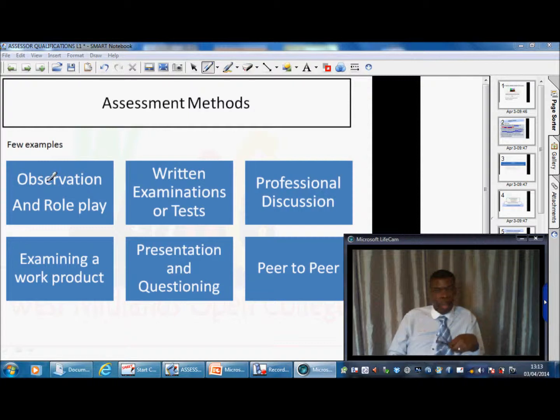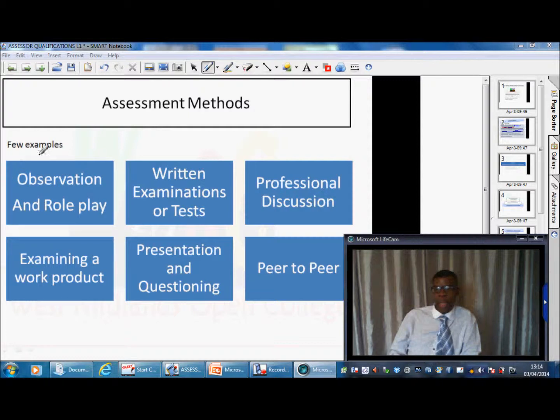We get one candidate to lie in a bed and demonstrate the movements in manual handling, and so forth. You can do those role plays for preparation. But in a case where role play is allowed as a final assessment method, you can use it. But just counter-check with the examination council that you are subscribing to, or the internal developers of the program, if they do allow that.